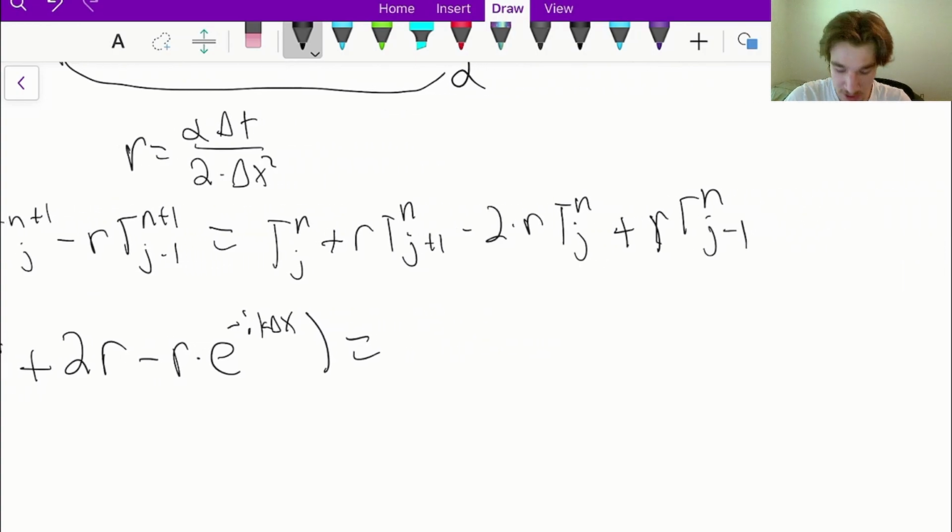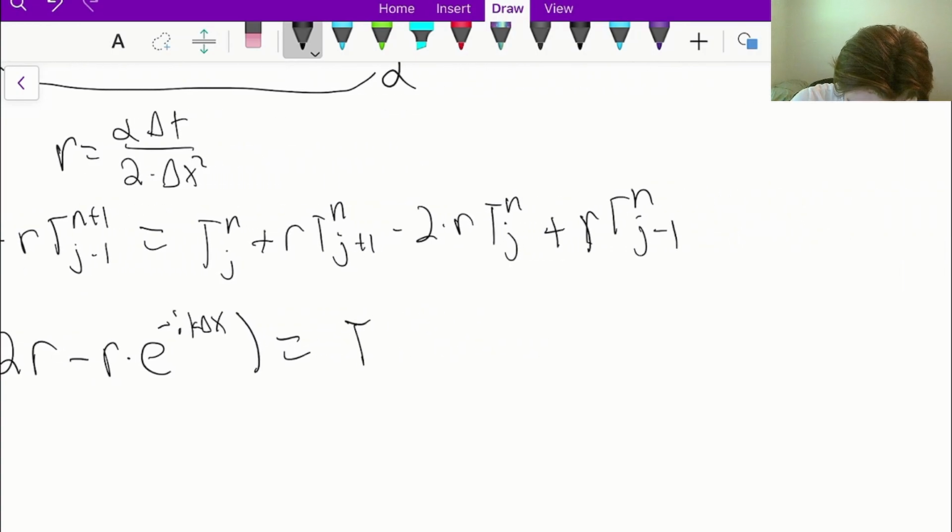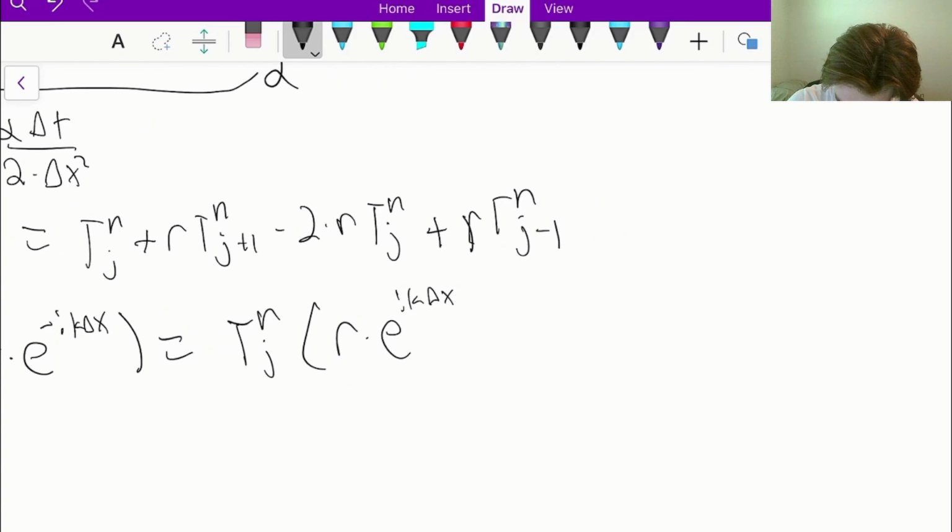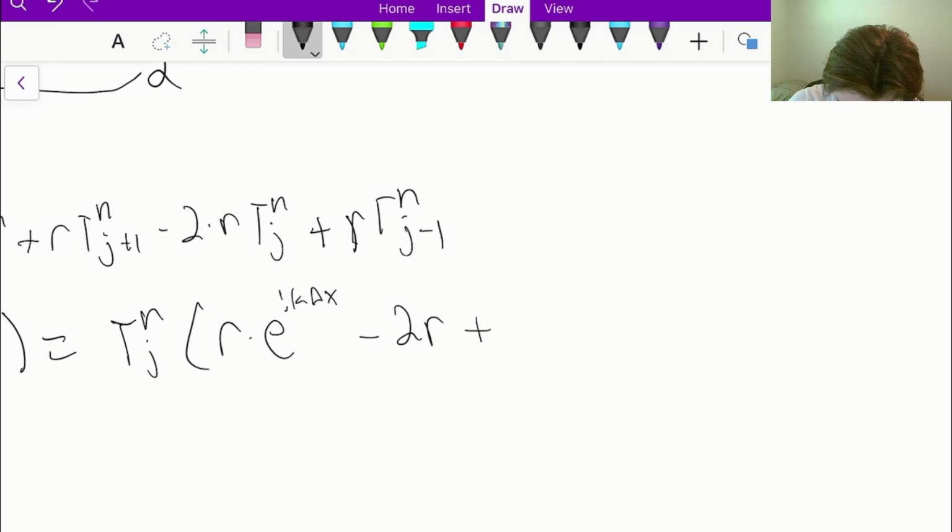And this is all going to be equal to T n of j times r times e to the I k delta x, minus 2r T n j, but that is going to be out, so it's just 2r here, and then plus e to the negative I k delta x.